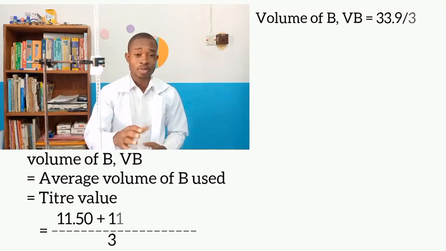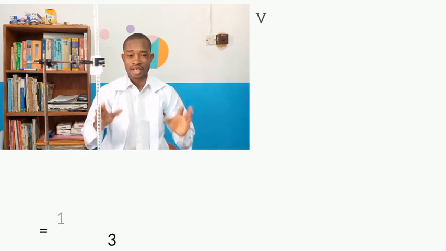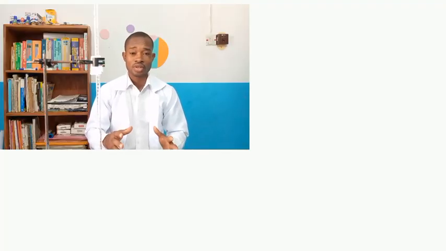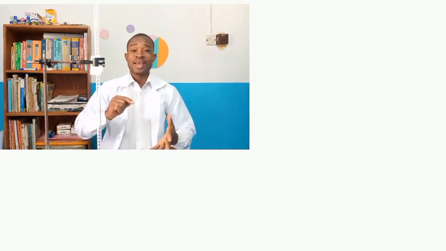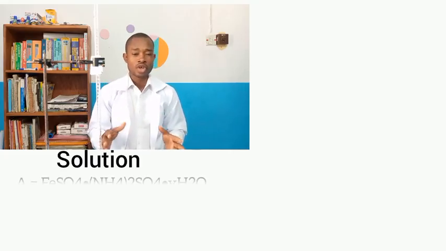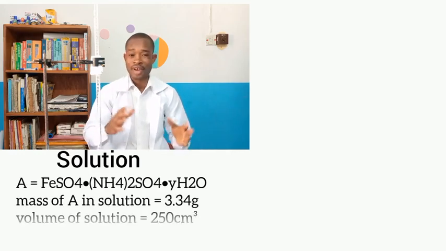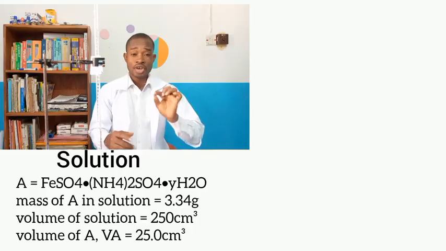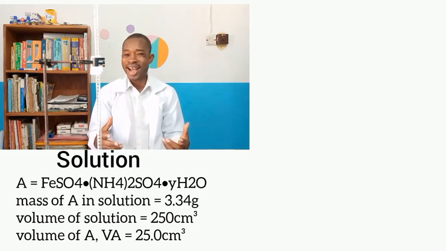Before moving on into that, please let us take a look at the data given to us in this question. From the instruction we're told that ammonium iron 2 sulfate is going to be referred to as solution A. So whenever you see me refer to A, know that we are talking about the analyte, ammonium iron 2 sulfate.